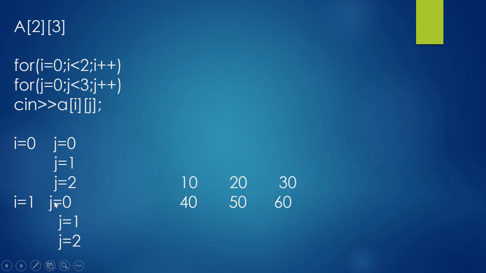Then again it starts the inner for loop: j equal to 0, 1, 2. That means A10, which is 40, then A11, which is 50, then A12, which is 60. First it starts from the outer for loop I, then the inner for loop completes, then it increments the iteration variable of the outer for loop.